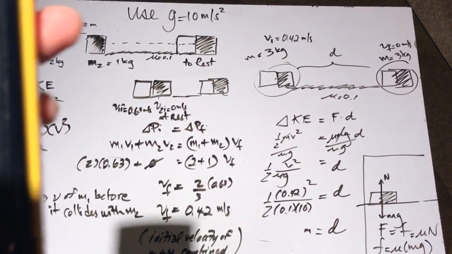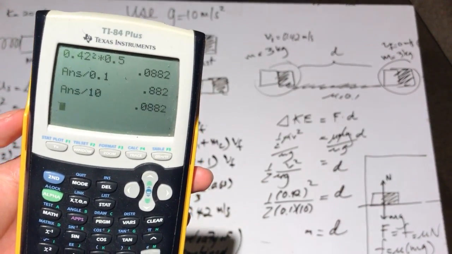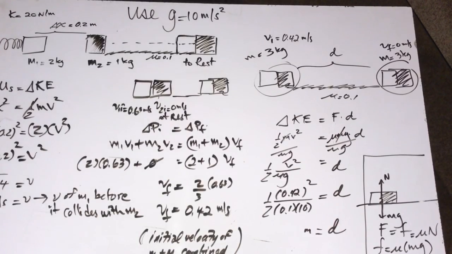So the answer is this one. Let's double check again to see if you get it right: 0.42 squared, same. So your distance is 0.088 meters. And that's how you solve for the distance.